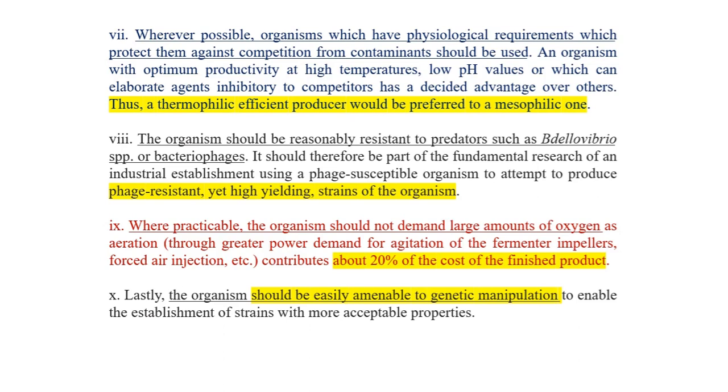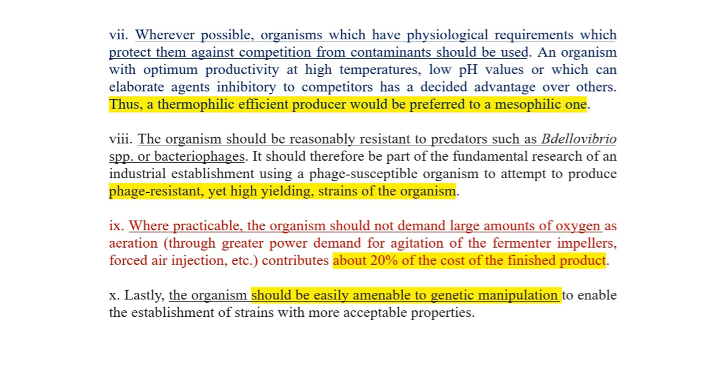Lastly, the organism should be easily amenable to genetic manipulation. For example, if you are identifying an organism for the production of your product of interest, it should be amenable to genetic manipulation.